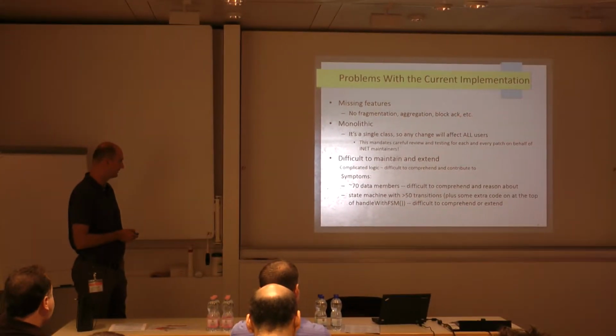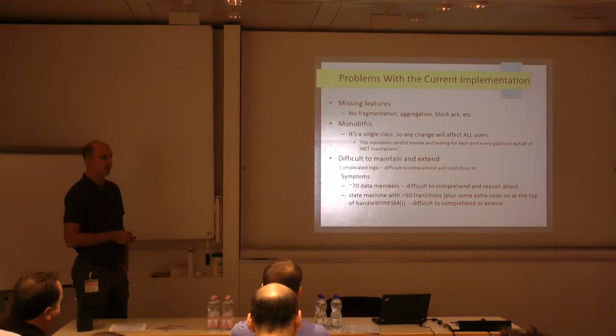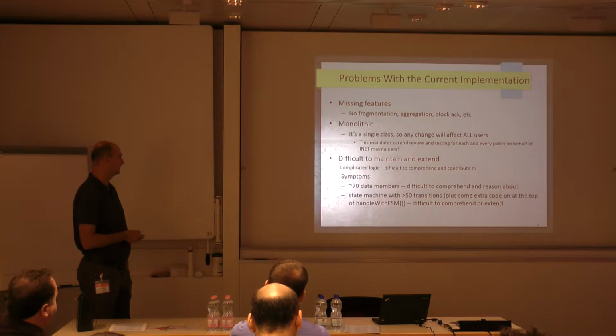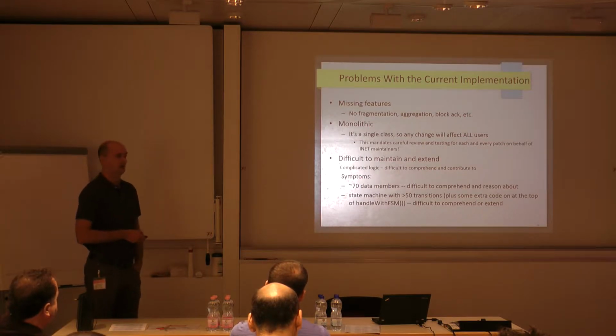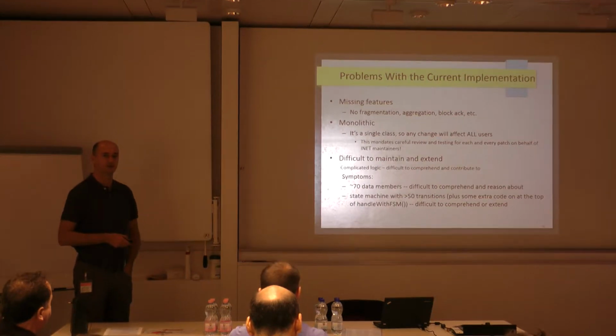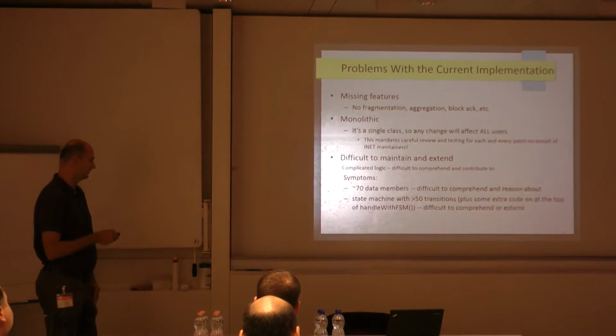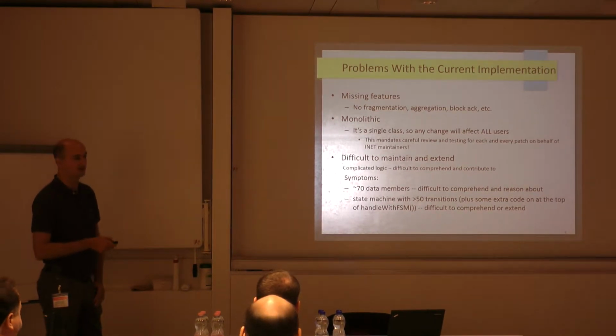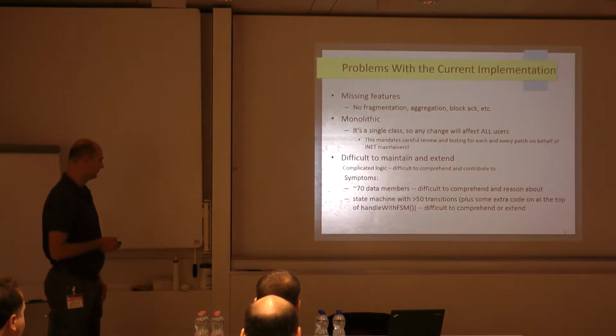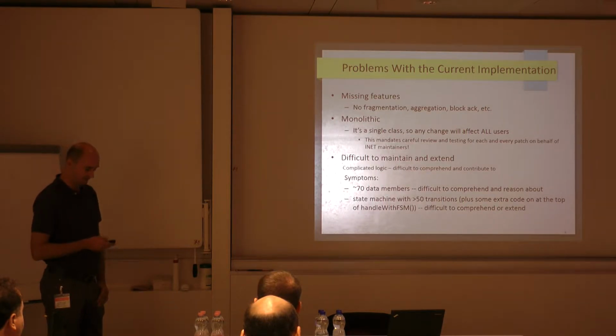Inside the class there's a huge state: there are 70 data members, and they are all updated in all parts of the code. So the whole thing is very difficult to understand and reason about. The state machine has like 7 states, but it has 50 transitions, so it's also very difficult to comprehend.